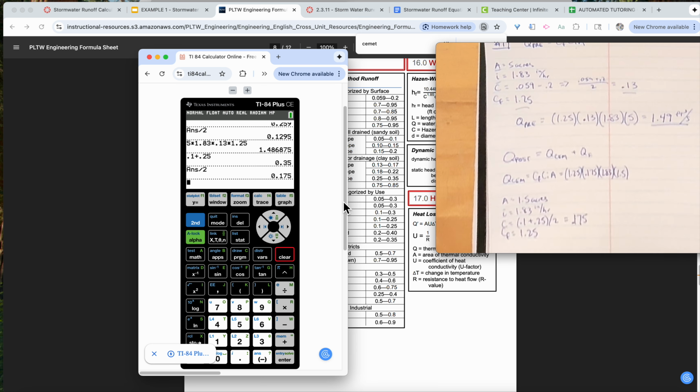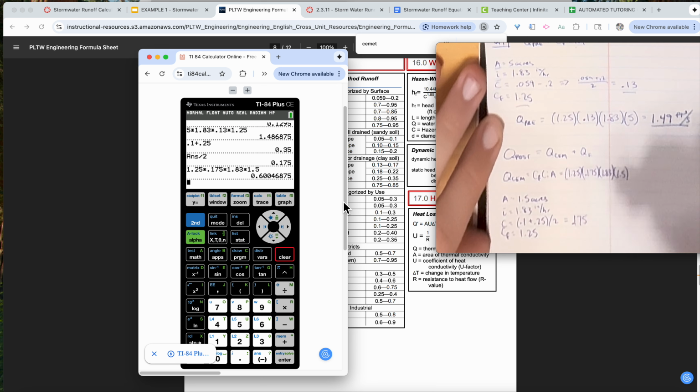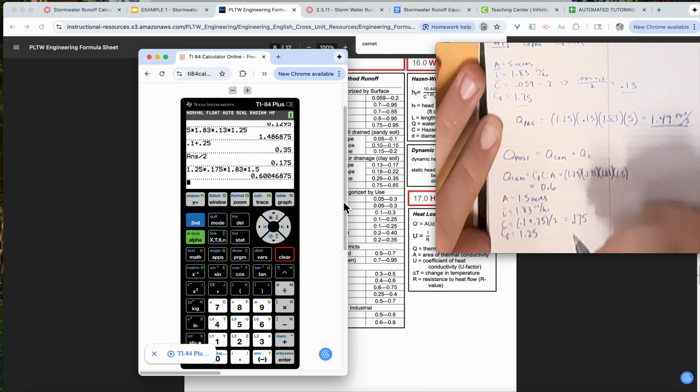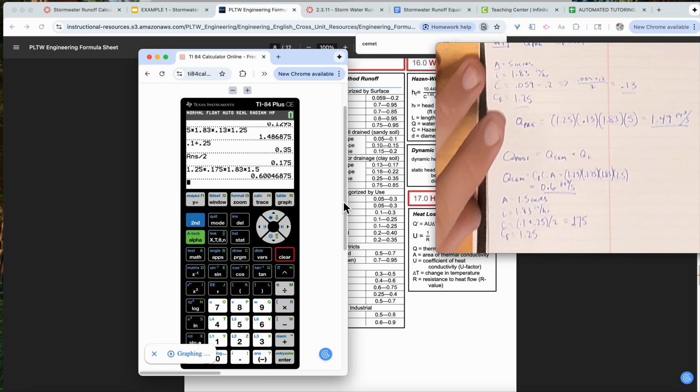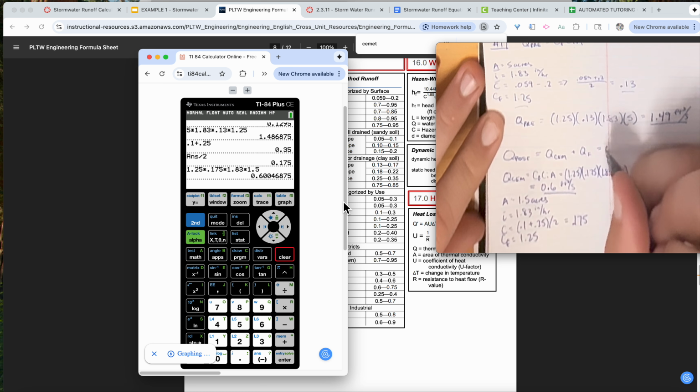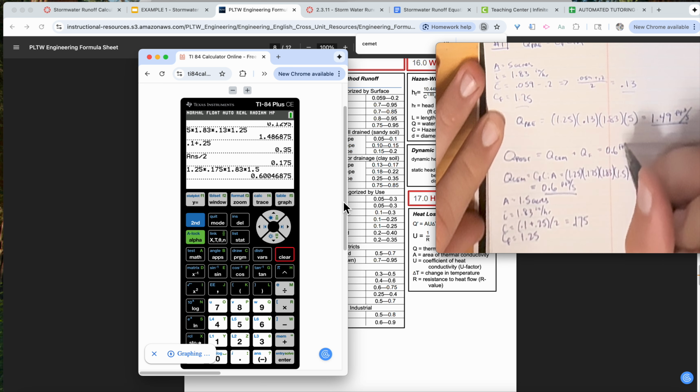Let's do that on the calculator. 1.25 times 0.175 times 1.83 times 1.5. We press enter. Just from this cemetery alone, it's going to provide 0.6 cubic feet of water per second for the peak runoff. So Q of the cemetery is 0.6 cubic feet per second, right?